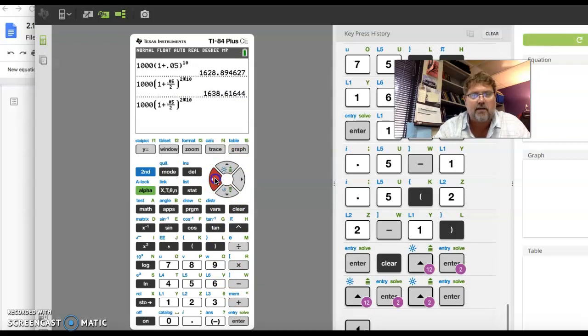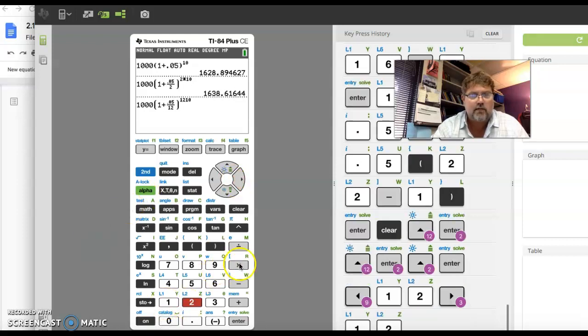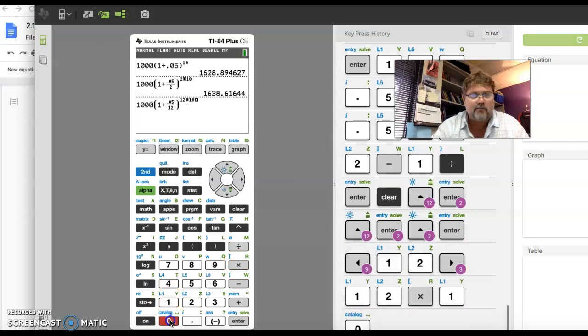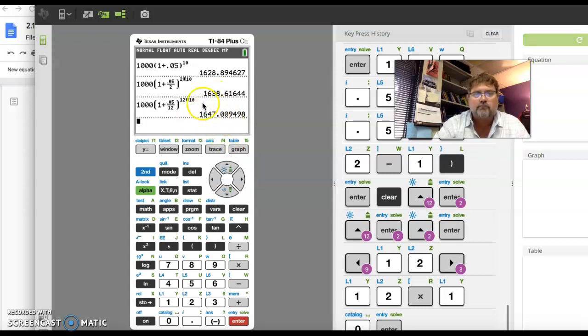Let's say we're going to compound it, say, every month, right? Then that would become a 12. And this would become 12 times 10, right? And you get about another $9 or so. But you can tell as I increase the compounding interval, I'm compounding it more times, the amount does go up.